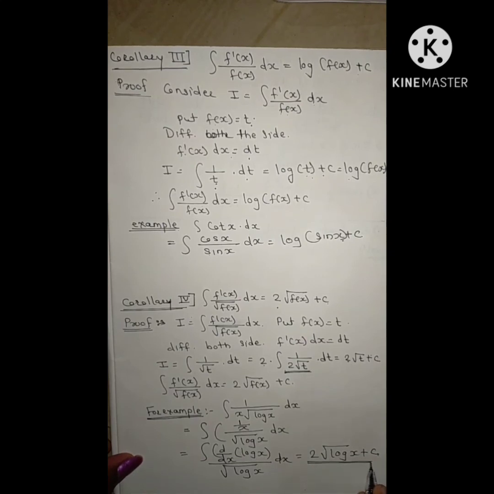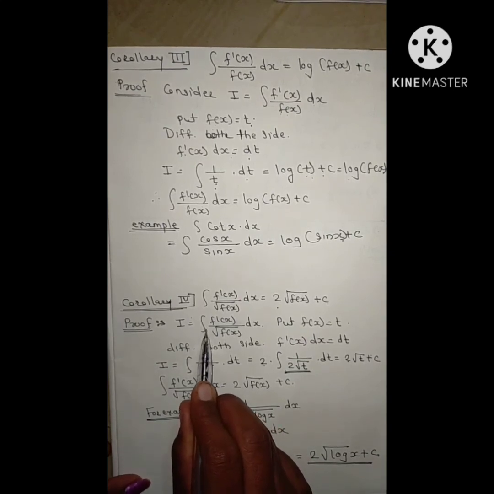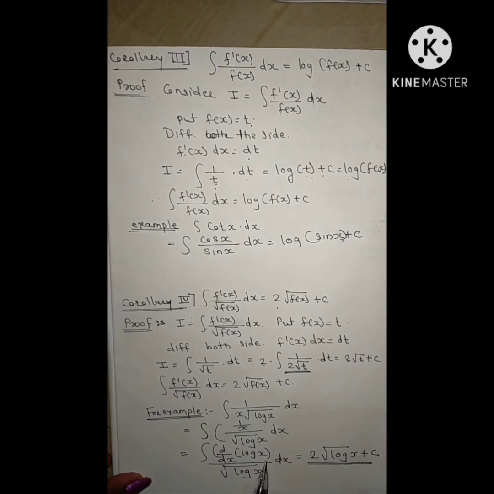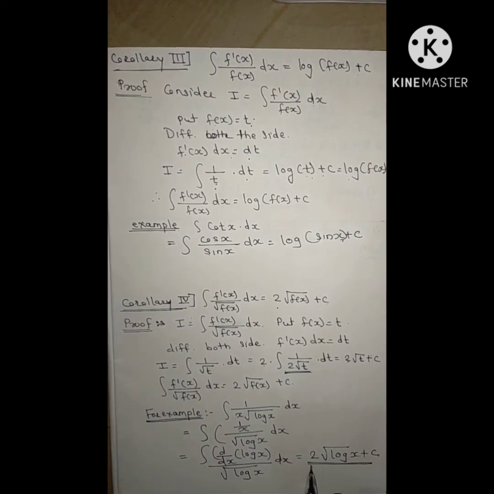Therefore we use this corollary number 4 like this. Therefore answer of this equation is 2 into under root log x plus c.